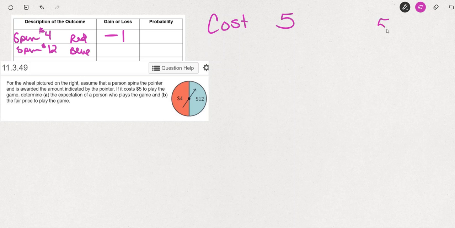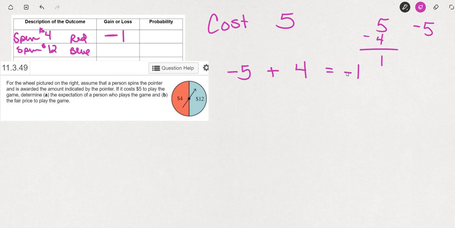Because it costs $5 and then they give you back $4. So it looks like you have paid $1. Maybe it would make a little more sense to say we have a -5. Let me write it this way. Cost is like a -5, and we add that to our +4 because it's like a win, a gain. But this is going to come to a loss of $1.